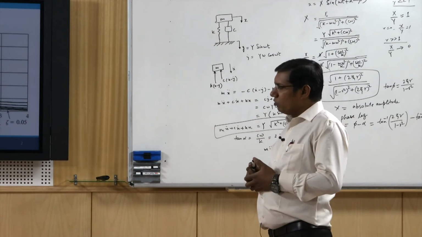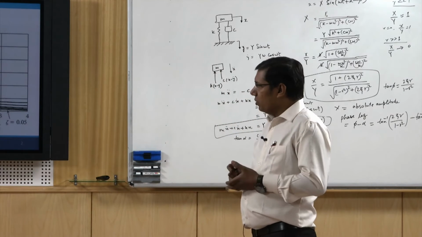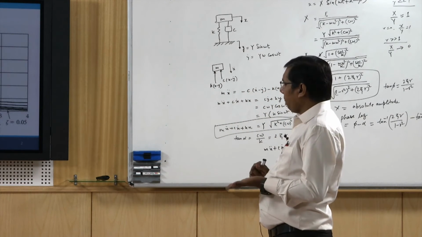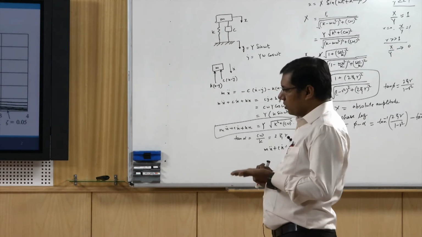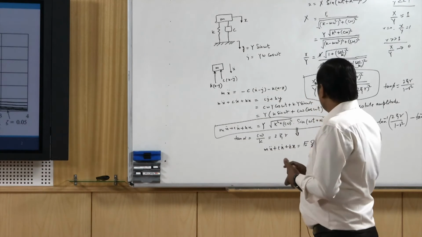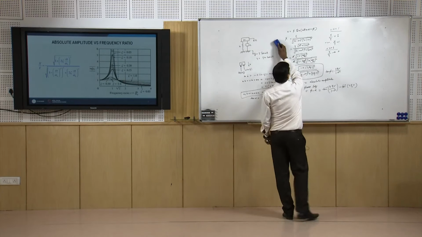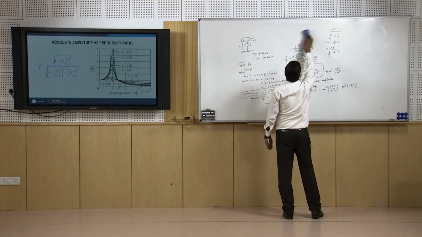Relative amplitude means the motion of mass with respect to the support, because the mass is on the support. So what is the relative motion of mass?